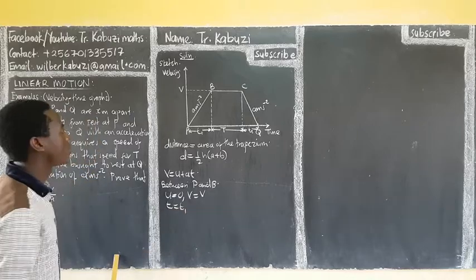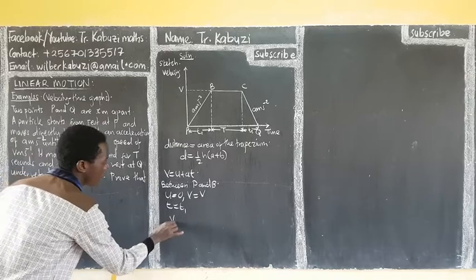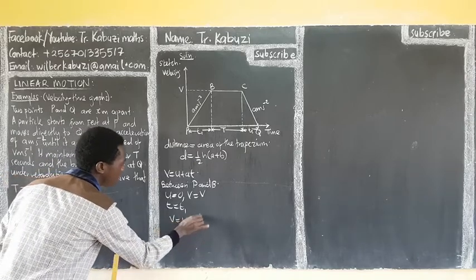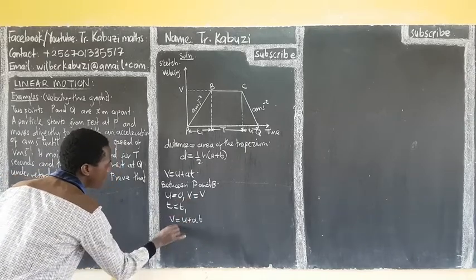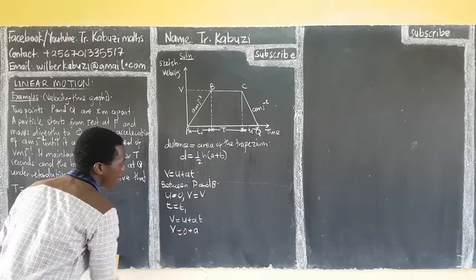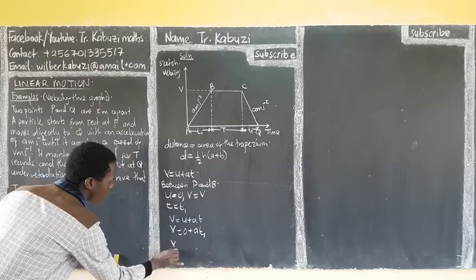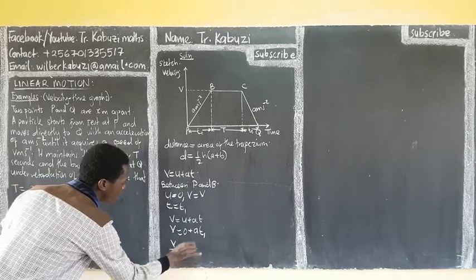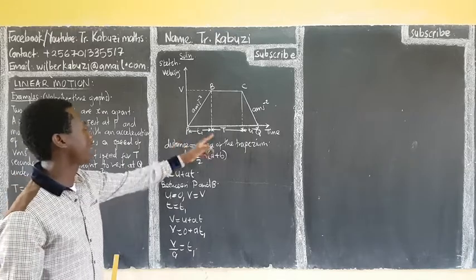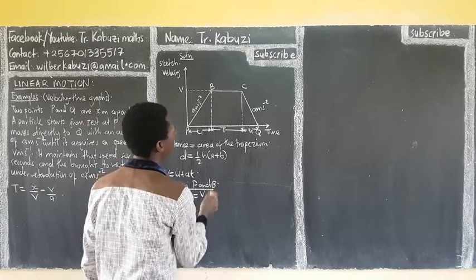So using v equals u plus at, v equals 0 plus the acceleration, which is a, times time, which is T1. So v over a will be equal to T1. Now I know what this is. Okay, so this is between P and Q.